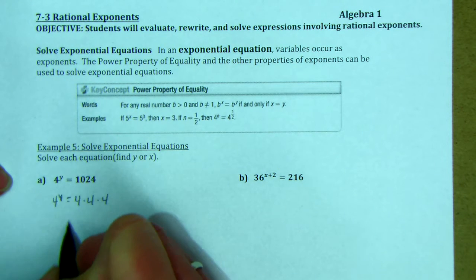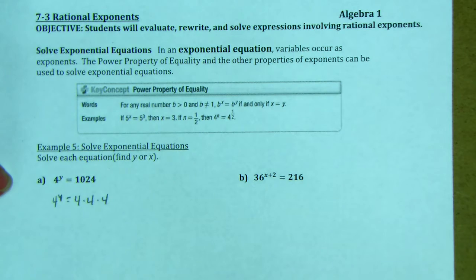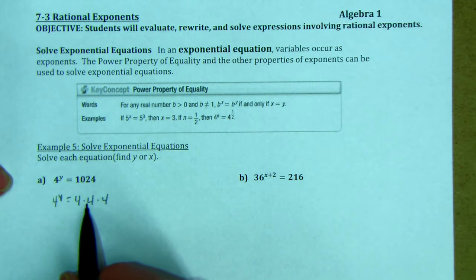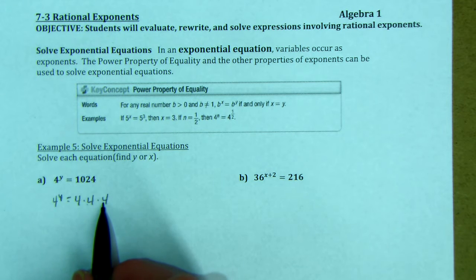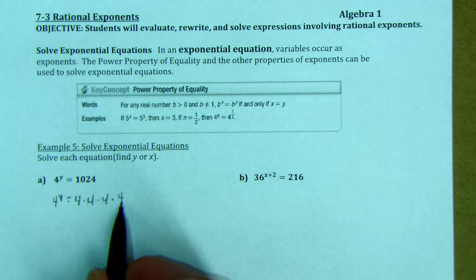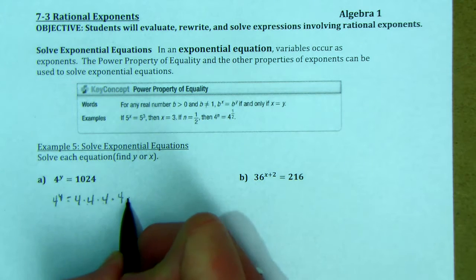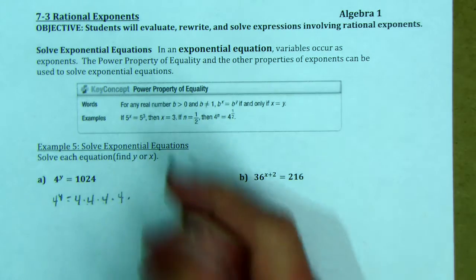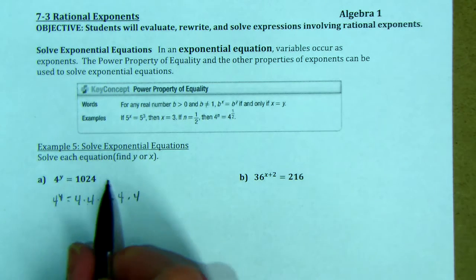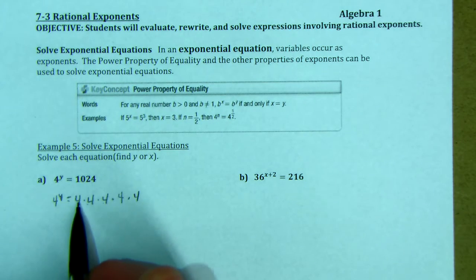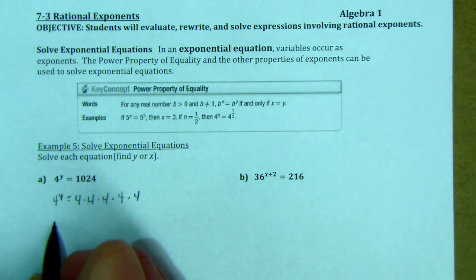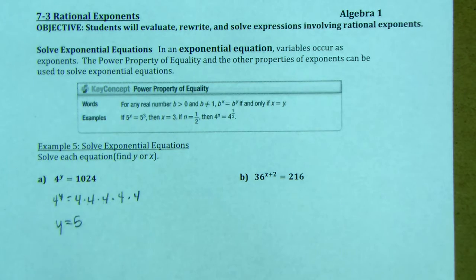Okay, well, what's going to give me 1024? 4 times 4 is only 16, times 4 is 64, times 4 is, I believe, 256. And then times 4 is going to be 1024. So 1, 2, 3, 4, 5. So guess what? y equals 5.